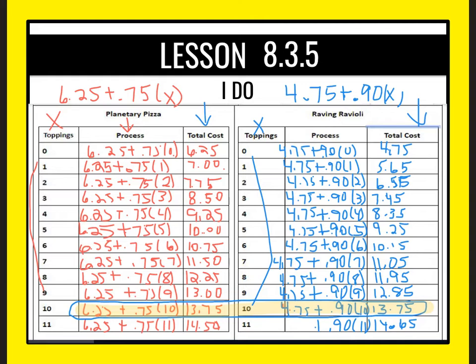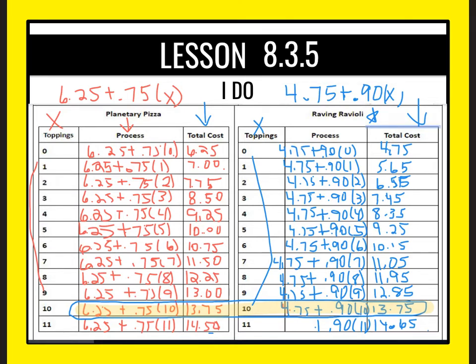So if I want to save my money, if I'm going to get anything less than 10 toppings, I might just hit up Raving Ravioli, right? But as soon as I pass 10 toppings, notice the difference. Now you see that it's cheaper to go to Planetary Pizza than Raving Ravioli.